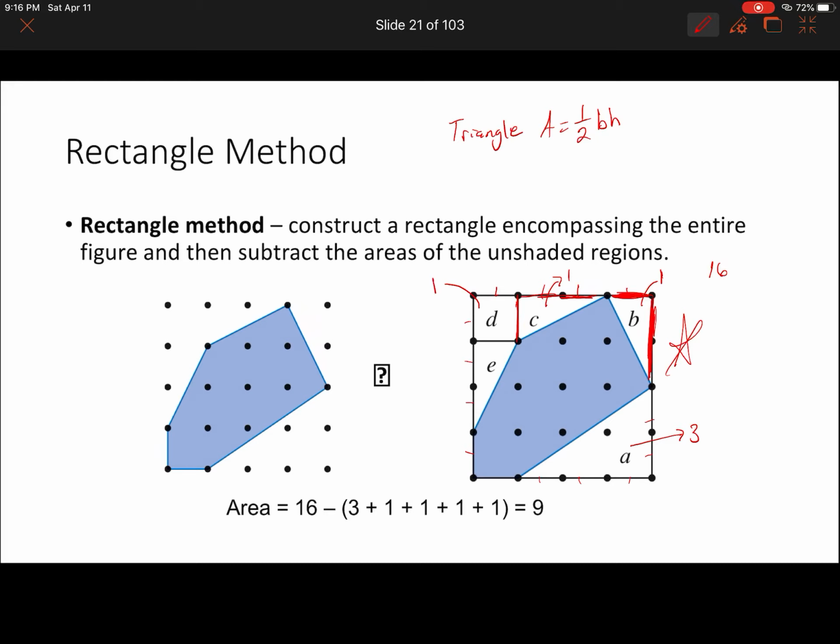Part D is also 1 square unit, and then part E is also 1 square unit. And so from that 16, if you subtract the 3 plus 1 plus 1 plus 1 plus 1, then you're going to end up with 16 minus 7, which is 9. And so, again, you see that it is 9 square units.